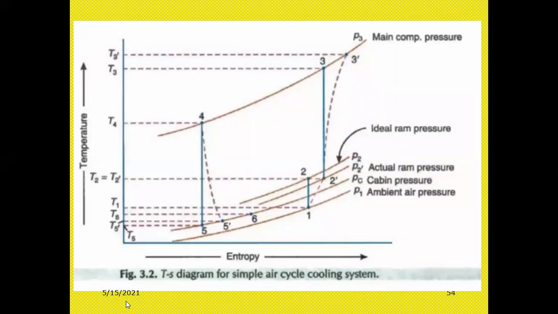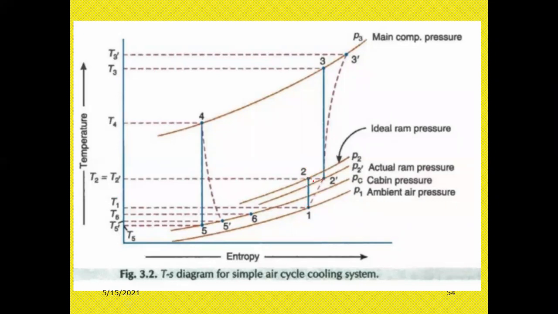If you see the TS diagram for a simple air cooling system, on the x-axis you are having entropy S, and on the y-axis you are having temperature T. See here, from 1 to 2, the cycle, again 2 to 3.